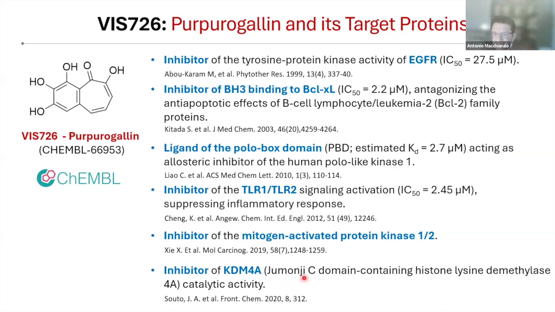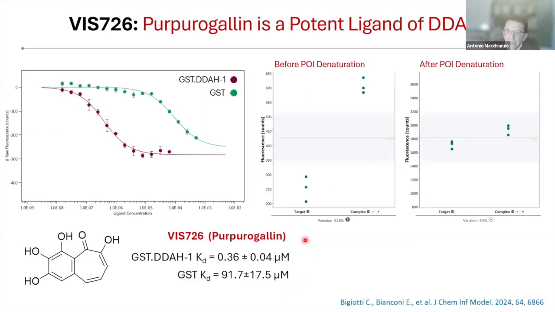So we have here several enzymes that are somehow regulated upon binding of this compound. DDH1 is an additional target to these proteins that are annotated in ChEMBL.